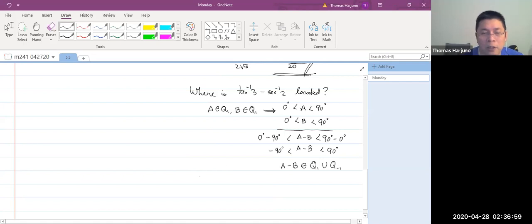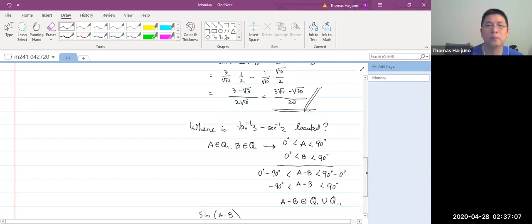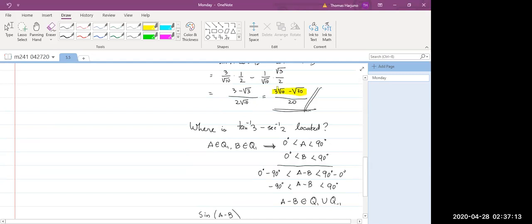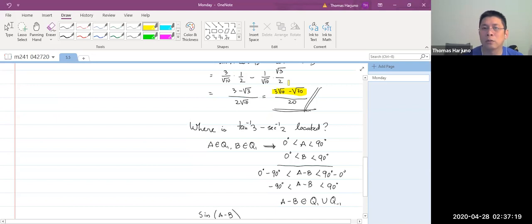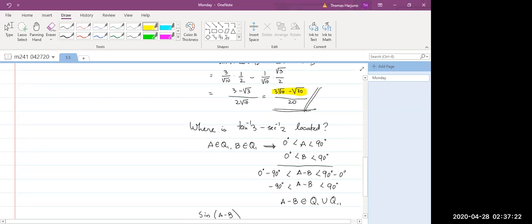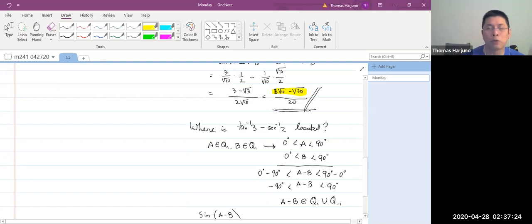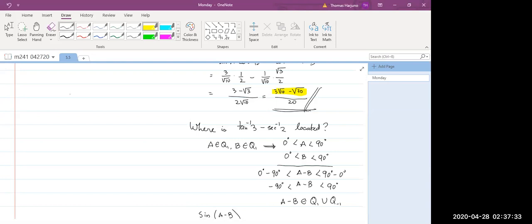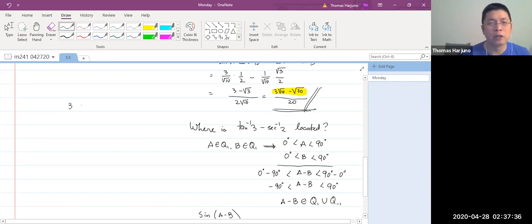Now, however, is sine of A minus B positive or negative? Is this value positive or negative? You need to compute 3 square root of 10 minus square root of 30. Is it positive or negative? That's positive, I believe. At least I see it this way. 3 square root of 10 is square root of 9 times square root of 10.